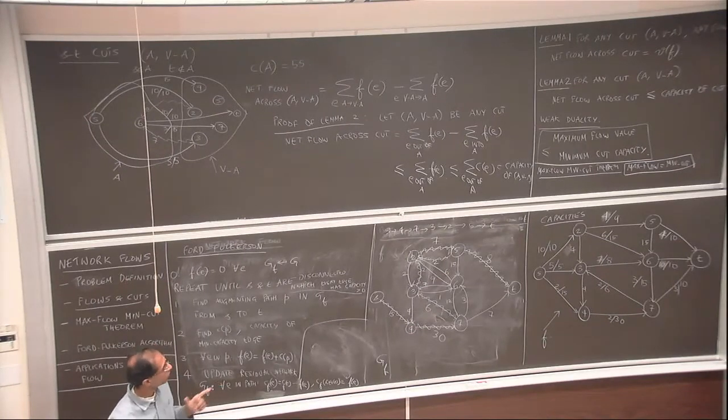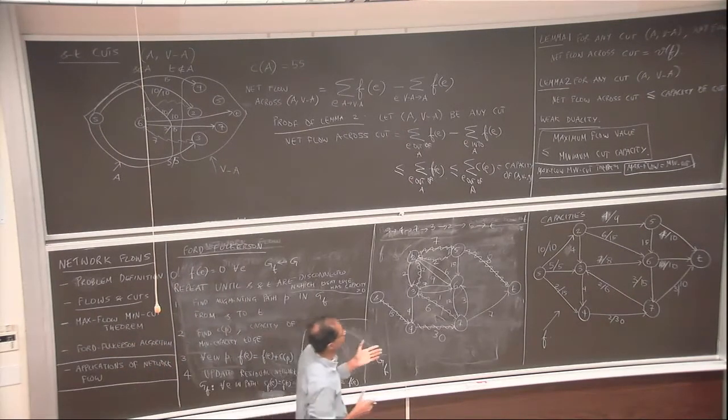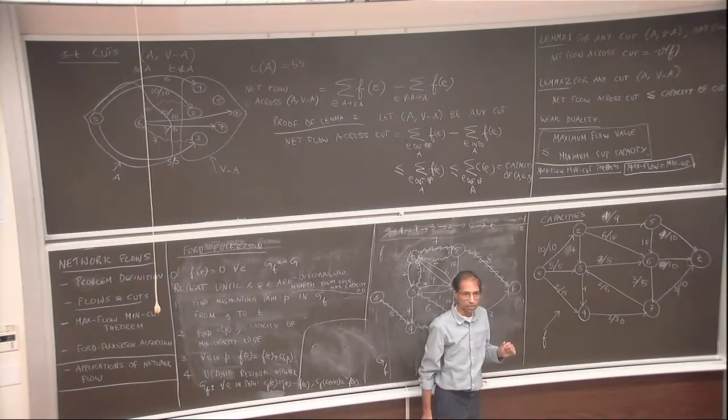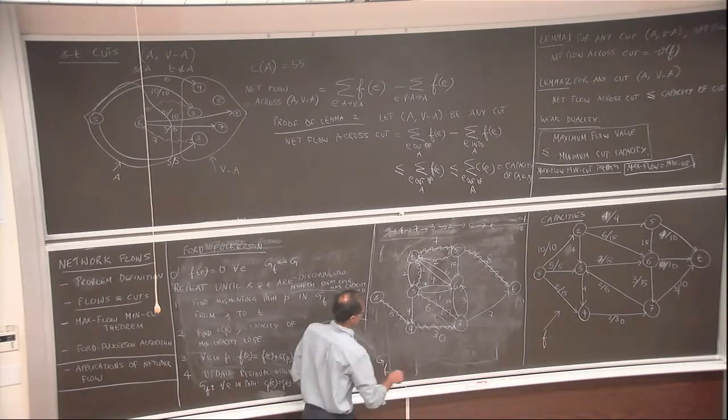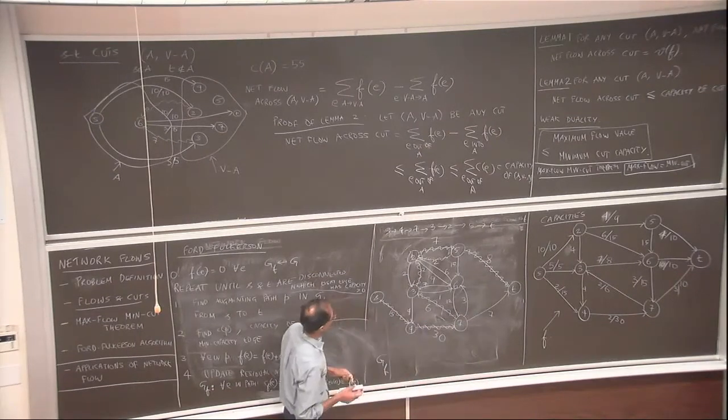Okay, what is the value of this flow now? What's the value of this flow? 17. We have increased it to 17. Okay? Let's make changes to our residual network.